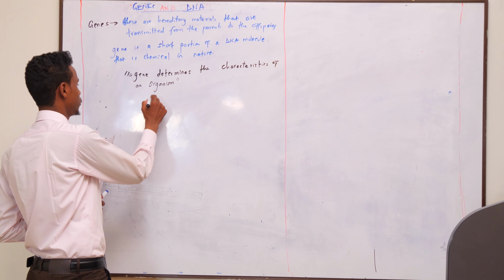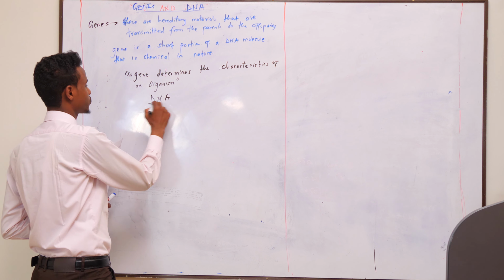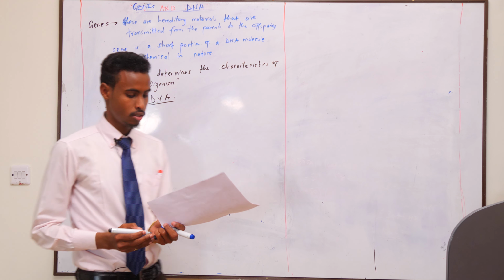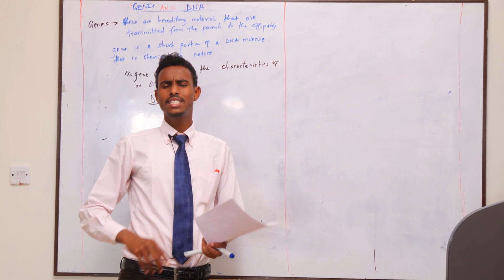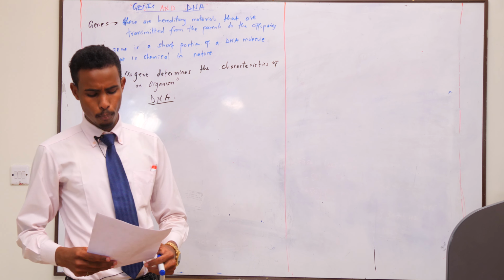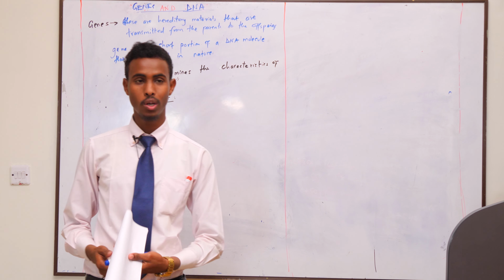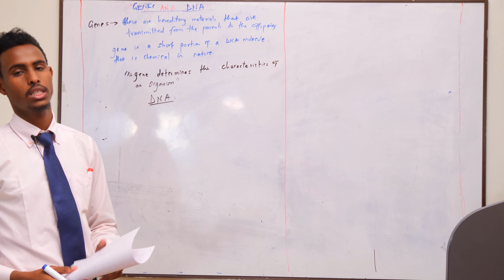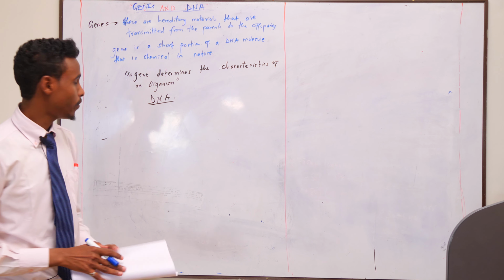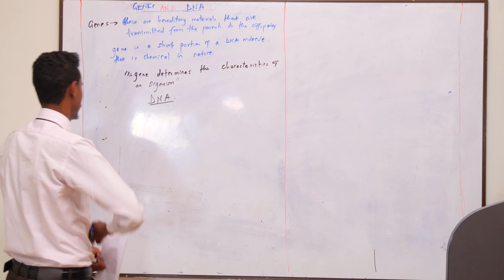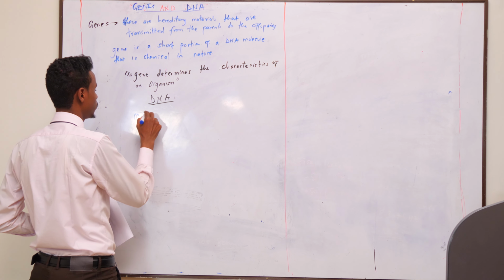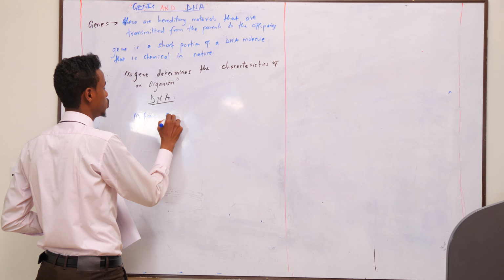The DNA is a complex molecule composed of 3 different components. Number 1, 5 carbon sugar.